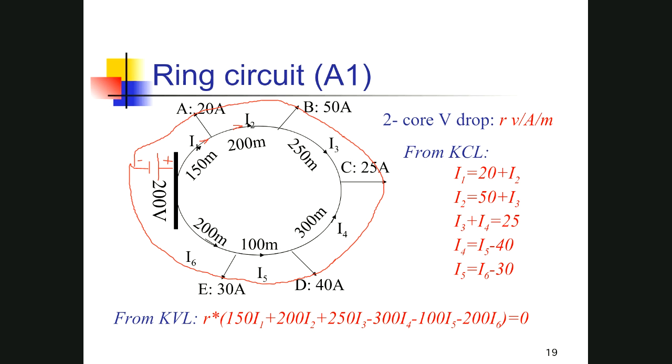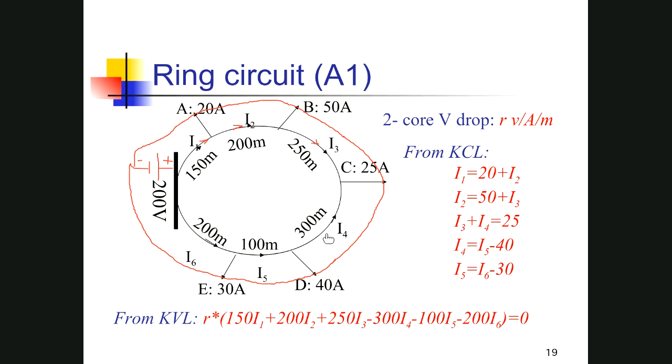In the third part of the cable, which is 250 meters long, between load B and load C, we have a current I3 in this direction. On the other side, from the source to load E, 200 meters long, there is a current in this direction, I6. Between load E and D, we suppose there is a current I5, with a direction from E towards D.